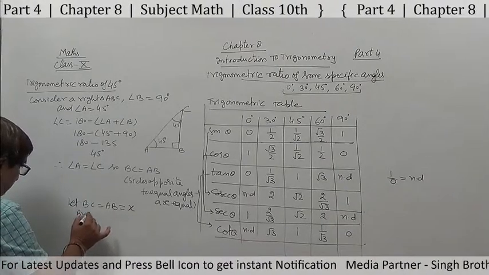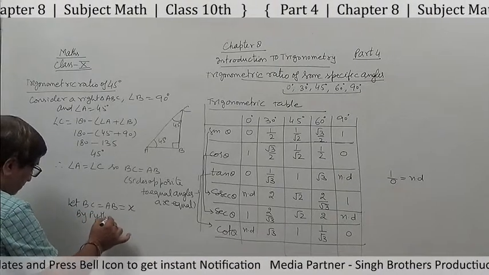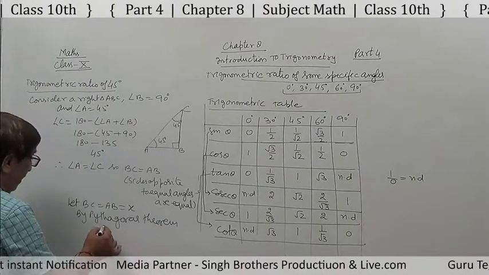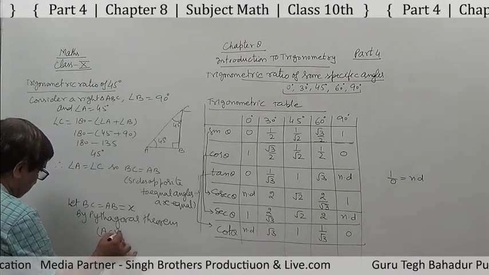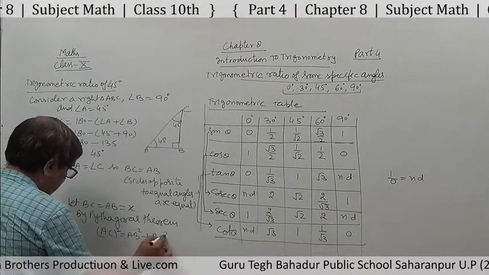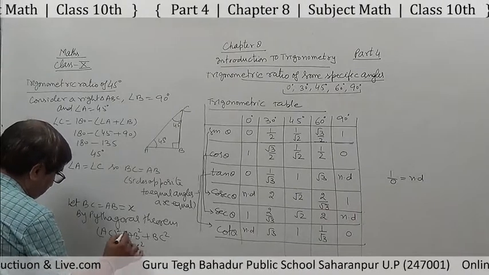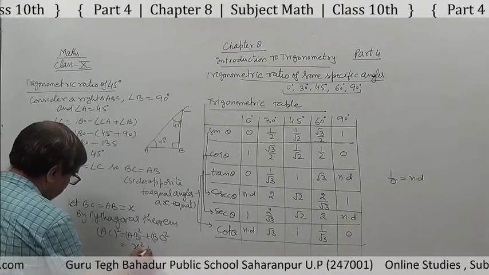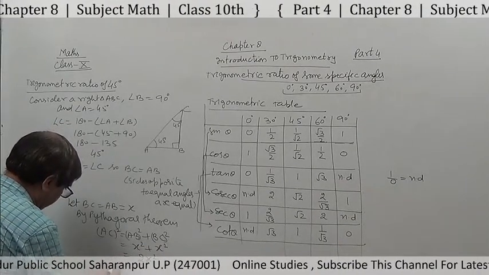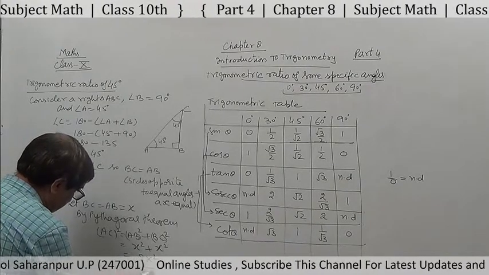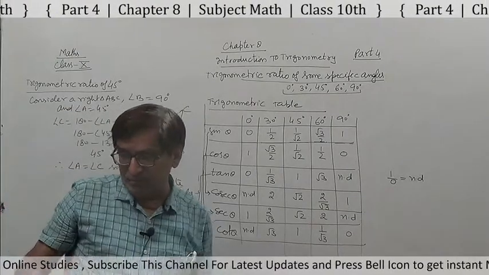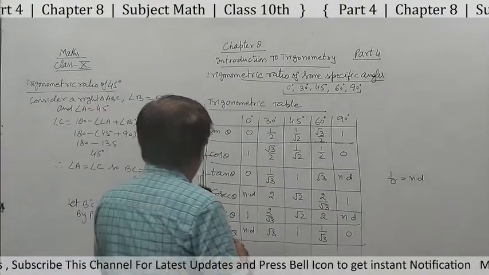By Pythagoras theorem, AC square is equal to AB square plus BC square. So it is x square plus x square, it becomes 2x square, and AC is equal to square root of 2x square, that is x root 2. Now we can find out any value of 45 degree.